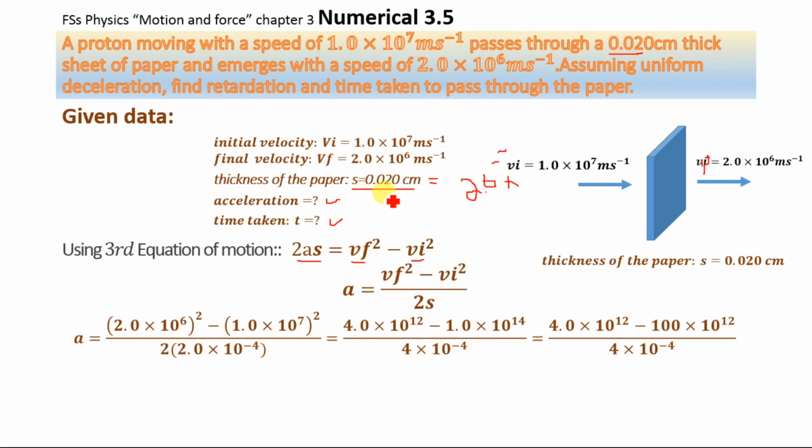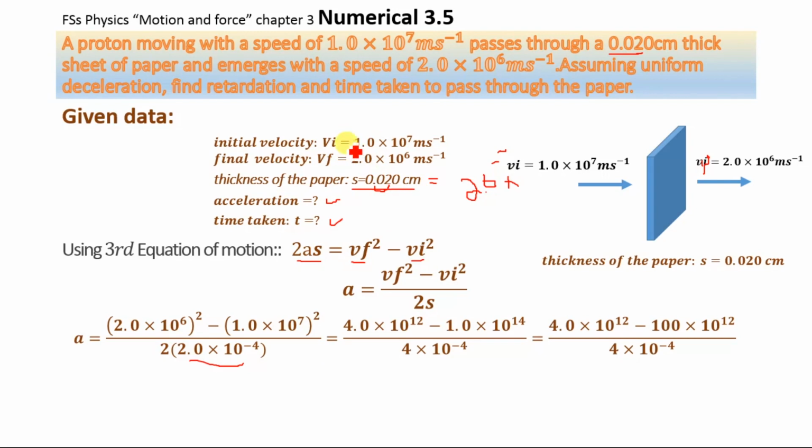This 0.020 centimeter is equal to 2.0 times 10 power minus 4 meters. This is just converted from centimeters to meters. For converting to meters, just shift the dot, so this becomes 2.0 times 10 power minus 2 centimeter, and centimeter is equal to 10 power minus 2 meter. So we will have 2.0 times 10 power minus 4 meters.